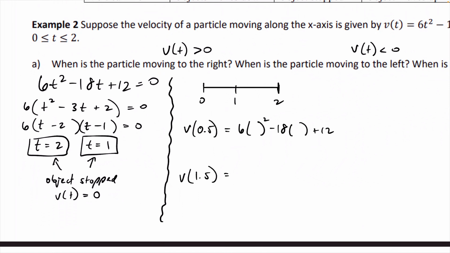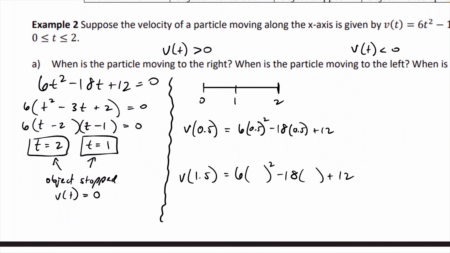Plus 12. So again, we don't care necessarily what the value is. All I care about is is it positive or negative? That'll tell me if the object is moving right or moving left.